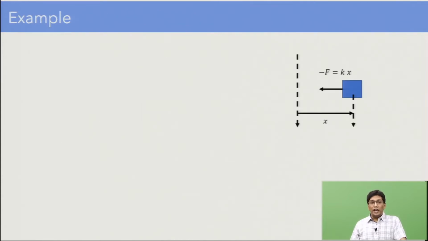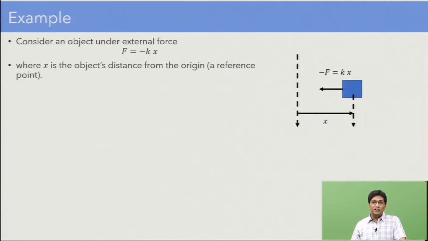Let us look at an example of a system. Suppose we have an object under external force F, and if the location of the object is x, then the force applied is minus kx. So, it is in the opposite direction of the location, and I am looking at the distance from a reference point, which we can call the origin.